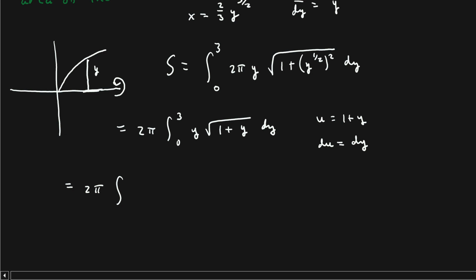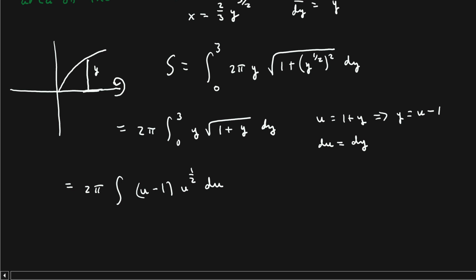But I still have this y here. I've got to get this y in terms of u. So what's y? Well, doesn't this mean y is equal to u minus 1? So I've got u minus 1 times u to the 1/2 du.